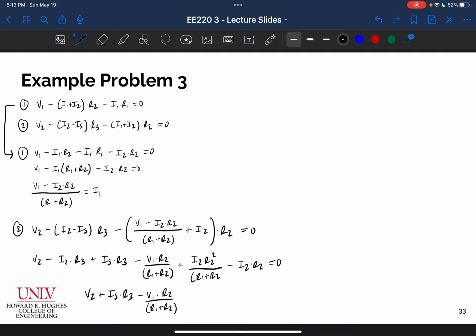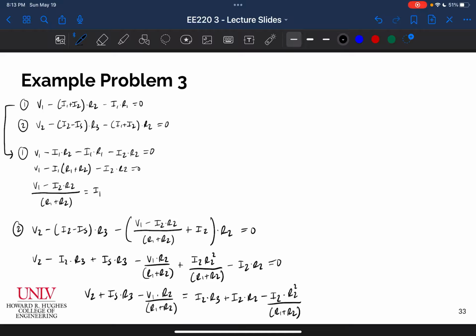And then that's going to be equal to, and I'll put on the other side all my I2 terms. So my first I2 term is going to be I2 times R3, right? Then I'm going to have a plus I2 times R2, and then I'm going to have a minus I2 times R2 squared, and then that whole thing is going to be divided by R1 plus R2, right?